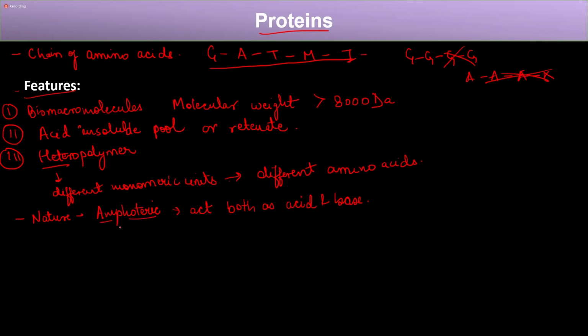Now, if we talk about the abundance of the protein in a cell, it is the second most abundant component, or you can say biomolecule, in the cell. Proteins are approximately 10 to 15% of the cell.